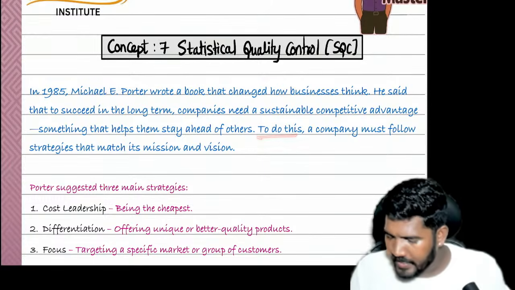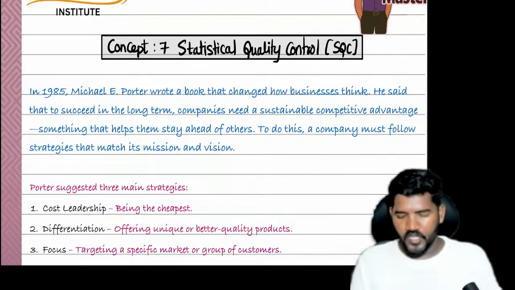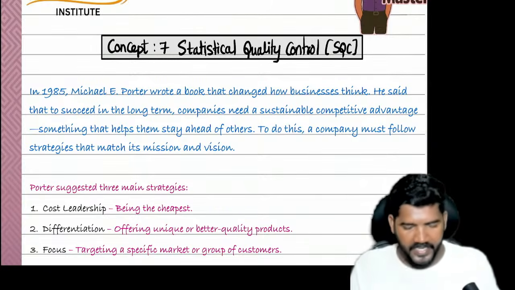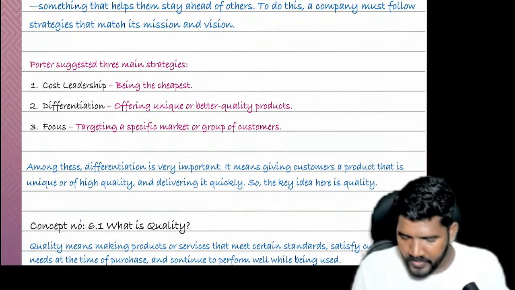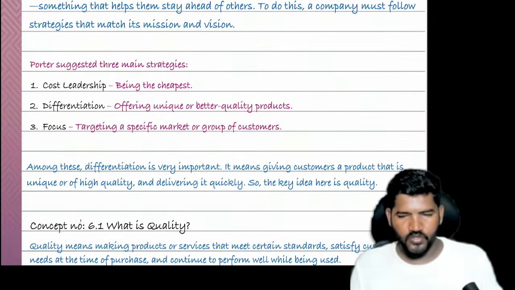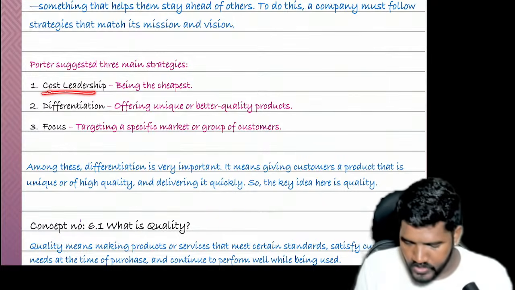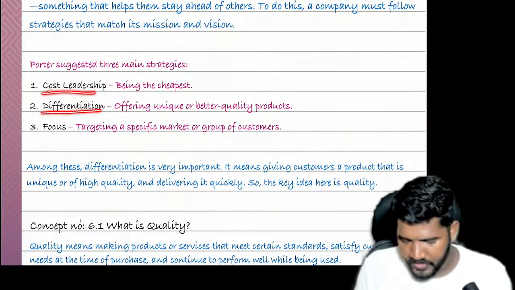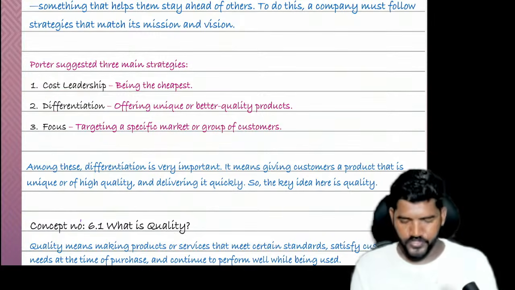To do this, a company must follow strategies that match its mission and vision with the help of statistical quality control. Now see, Porter suggested three main strategies. You have to portray yourself as different compared to others. First, cost leadership, differentiation, focus. If you have these 3 points, you can differ from other producers.